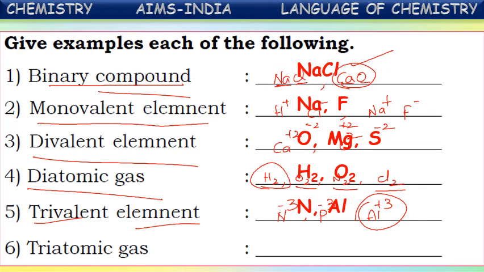That is also a trivalent element only. Next, triatomic gases. A triatomic gas is nothing but O3 we can take. O3 is the triatomic gas. Yes, because 3 oxygens exist as a gas, that is called ozone. So these are some of the examples for what he asked.